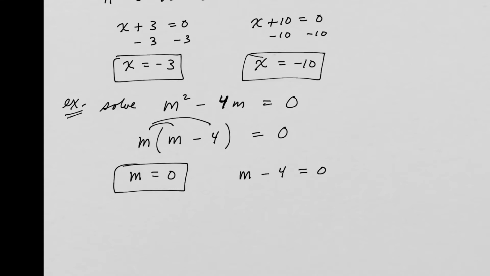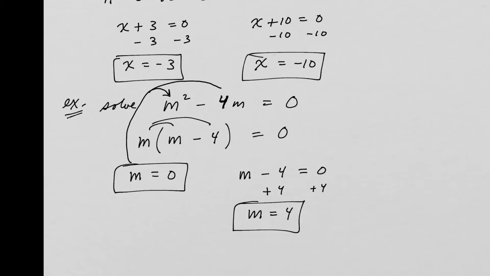The other possibility is if I add 4 to both sides, I can solve this one, and I'm going to get m is equal to positive 4. So I have two solutions. And by the way, you can always check these, right? You can take these solutions and then plug them back in where you have m in the original equation, and you'll see that you're going to get 0 for both 0 and 4 when m is 0 and m equals 4.